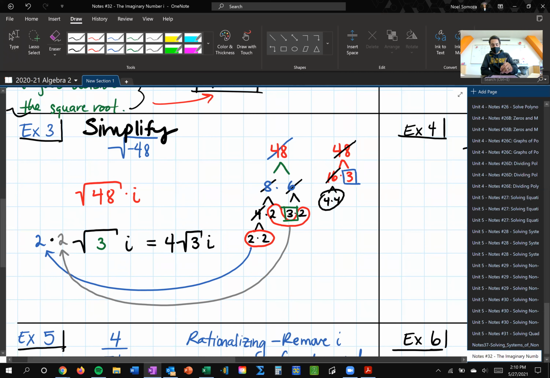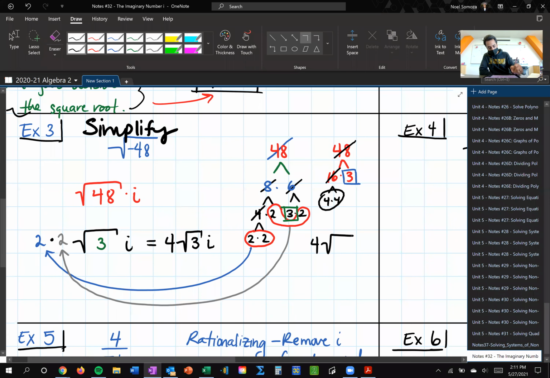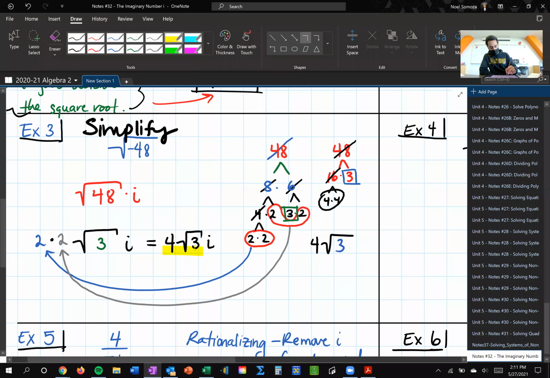We don't always see it in the most efficient way. Usually we break it all down into the smallest of numbers. But if I see a pair of 4s, that's 4 outside, that's my pair. And then I would have a square root with my loner, which is 3, 3 goes inside. So you see how these end up being the same, but we approach them a little differently.